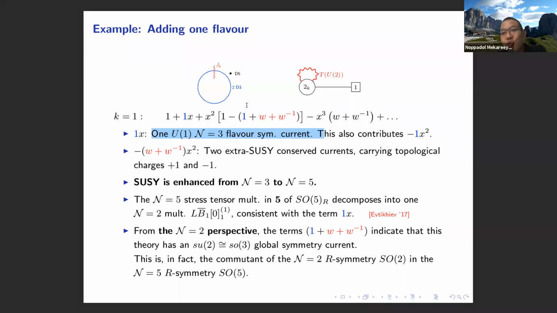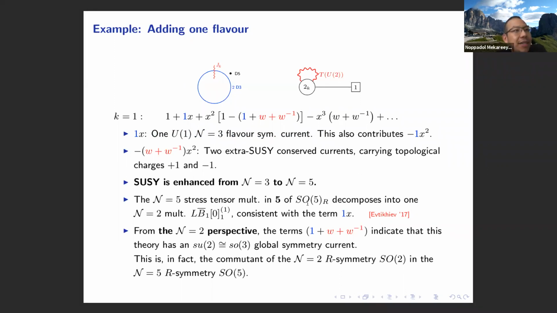One is this place, and the other is here, as a minus sign. And you see that there are 2 extra red terms here that indicate that there are 2 extra SUSY conserved currents carrying topological charges plus 1 and minus 1. And SUSY gets enhanced from N=3 to N=5, okay?